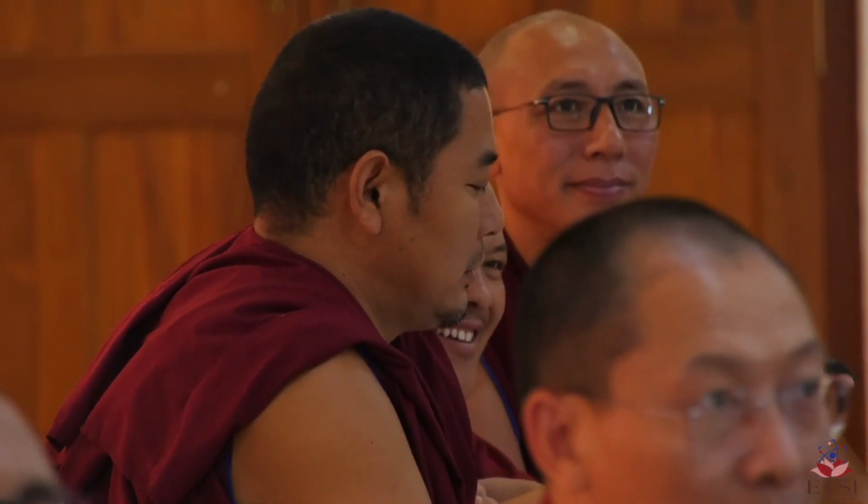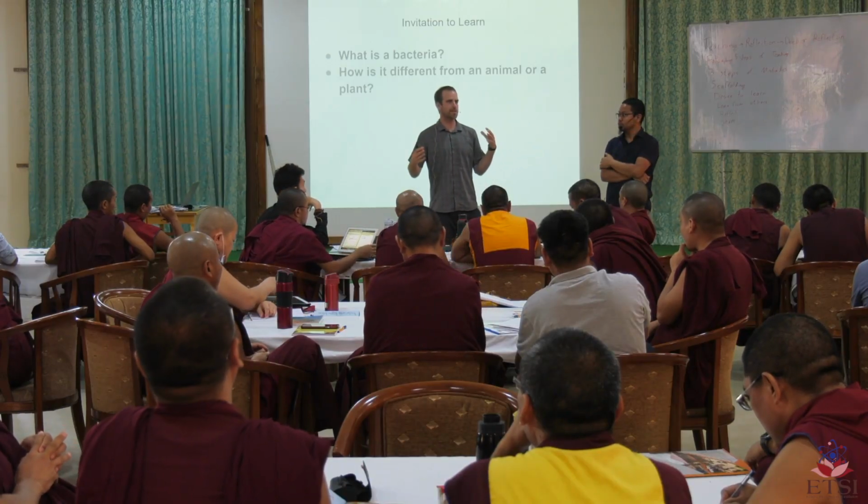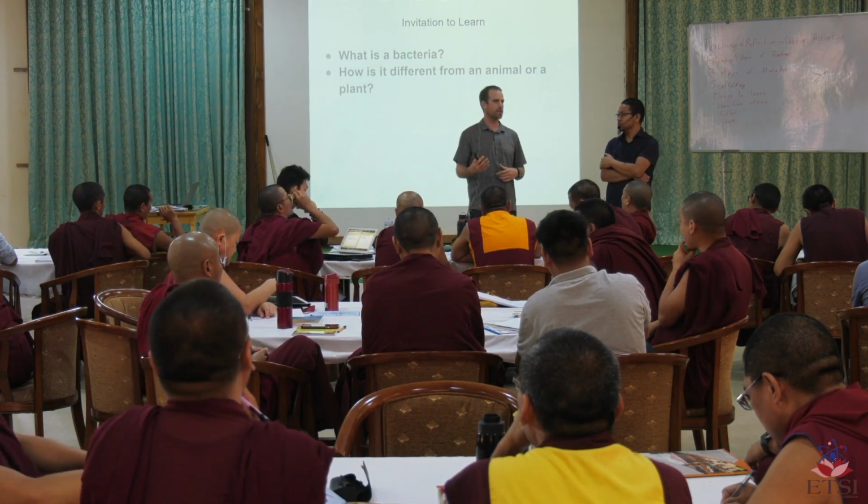Not necessarily. It reproduces really fast. It can. Yeah, it can. Yeah, sorry. So yes, it can reproduce really fast. Sometimes it depends on other organisms, and sometimes they can be on their own.